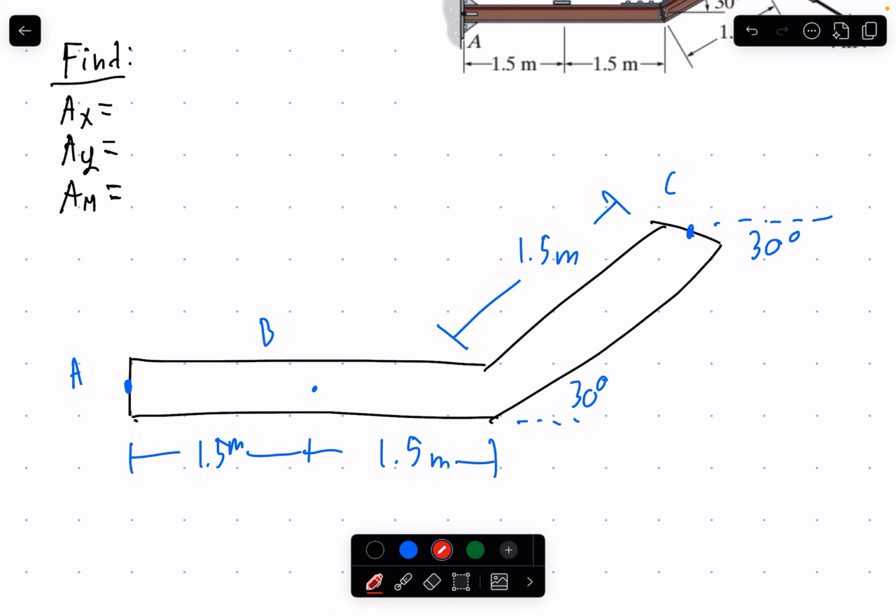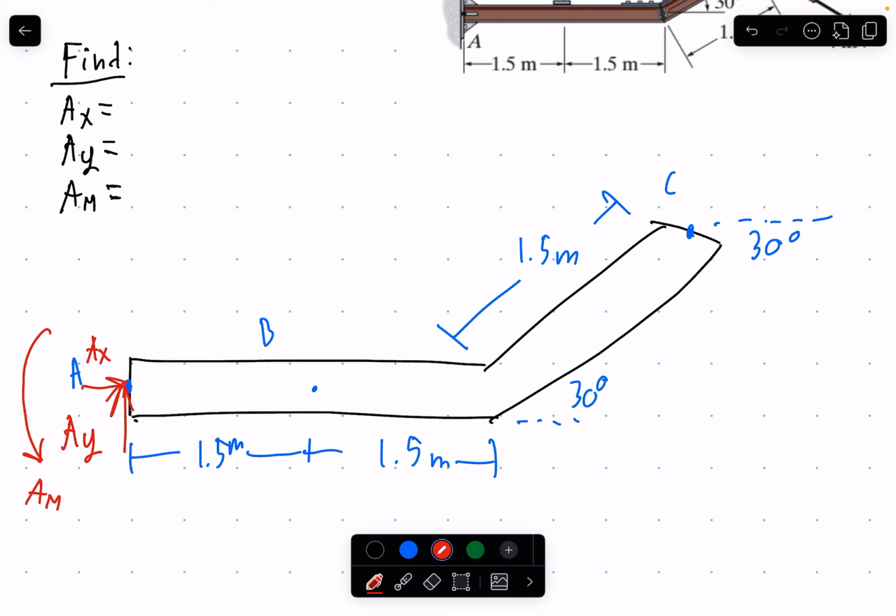So at A, we have a reaction in the Y direction, AY, a reaction in the X direction, AX, and we have a reaction to moments too. Let's call that AM. Perfect.